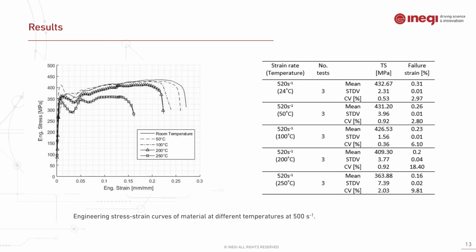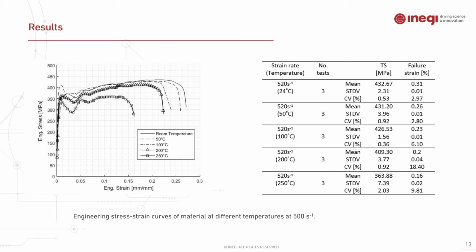Similarly, for the temperature effect on dynamic tests, which were only performed at a strain rate of 500, you can see there is almost no difference up to a temperature of 50 Celsius. This could be because of some oscillations observed in the stress strain curve, but roughly speaking, there's not much change up to a temperature of 100, and only around a 5 to 16% drop in the strength value was observed for the case of 200 and 250 Celsius.